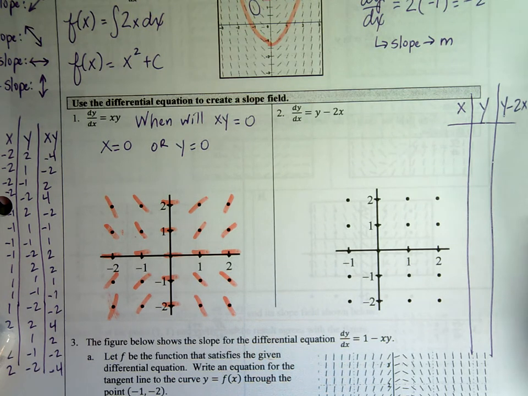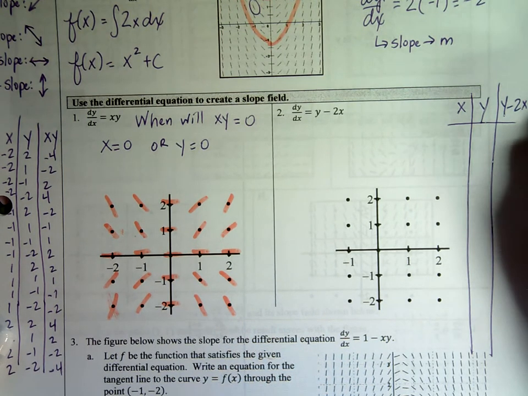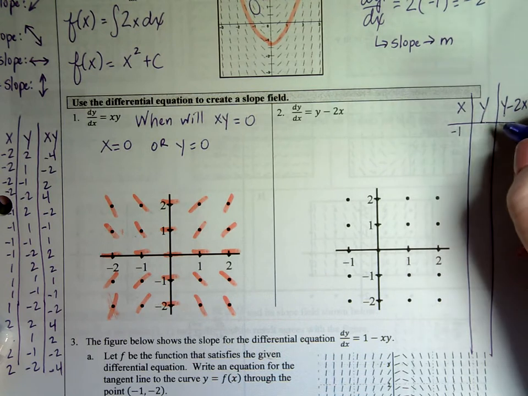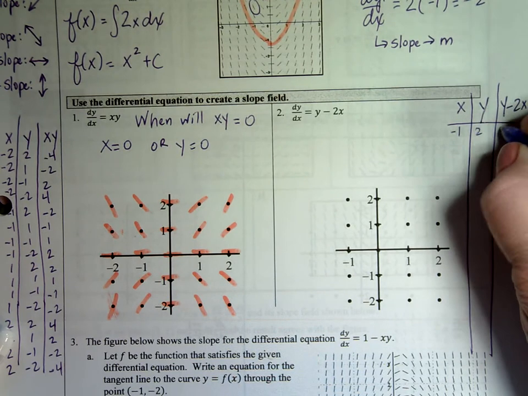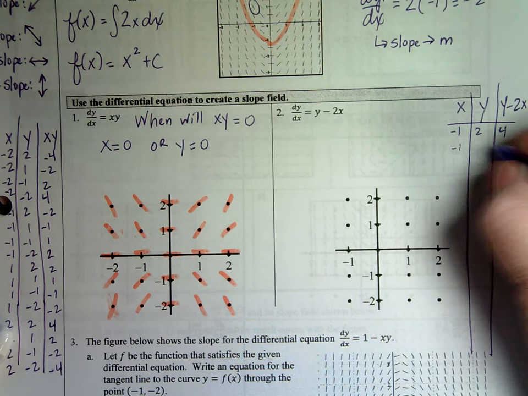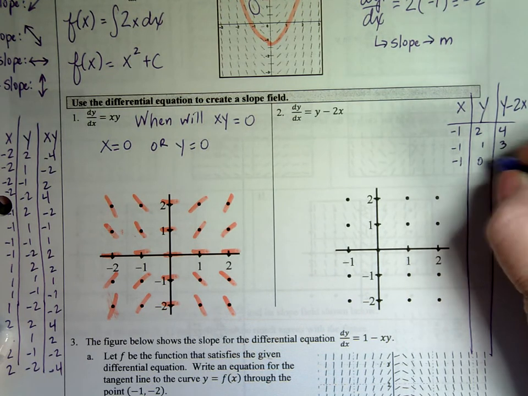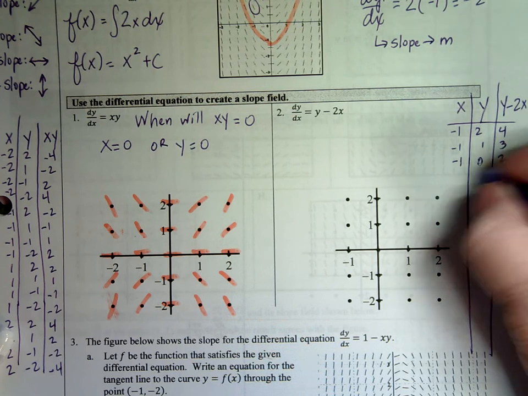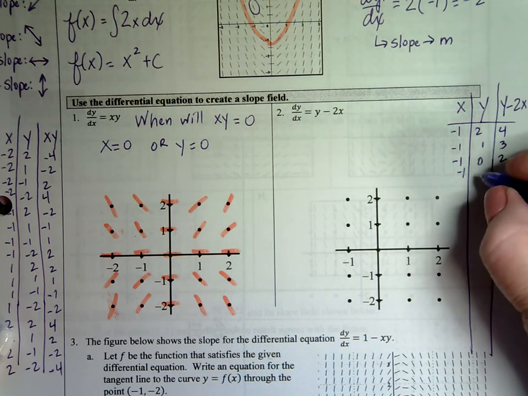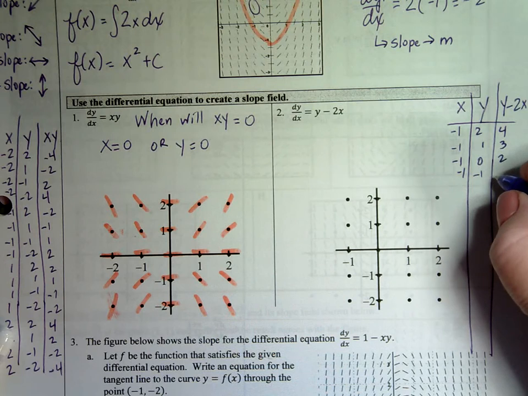All right, for sake of time, let me give you all this. Negative 1, 2 gives you 4. Negative 1, 1 gives you 3. Negative 1, 0 gives you 2. Negative 1, negative 1 gives you 1.